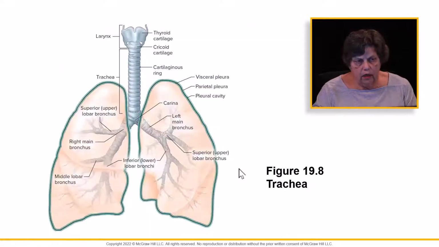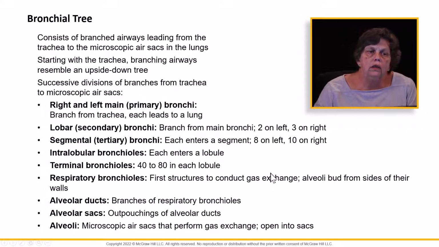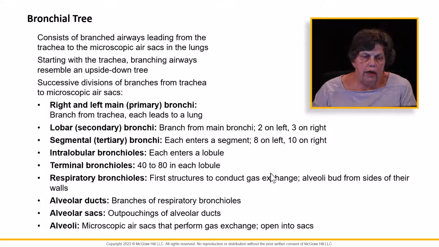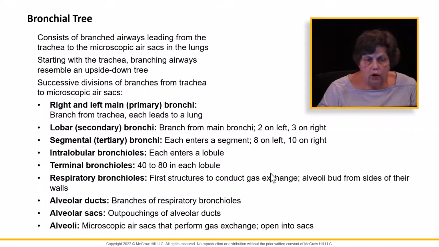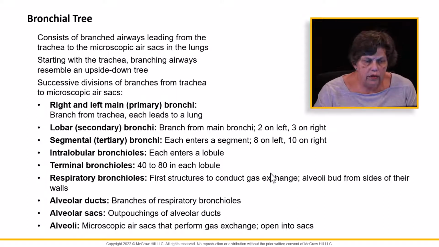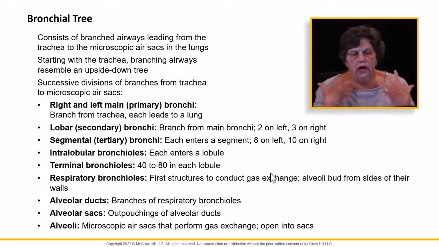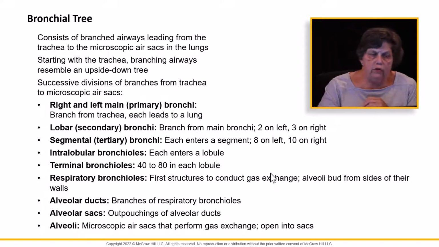This makes a tree. You can see the tree, and we call that the bronchial tree. It branches and branches and branches, and you can see the primary, secondary, tertiary branches of bronchi. And then you go into the bronchioles, little bronchi, and then into the alveolar ducts, into the alveolar sacs, and finally into the alveoli of the lungs.